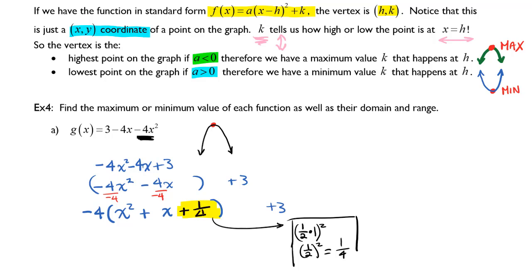So I'm going to add 1/4 on the inside. Remember, I multiply that to the number out front that I just factored out. That gives me a negative 1. So if I in effect subtracted 1 by adding this 1/4 in, I also have to add 1 on the outside.